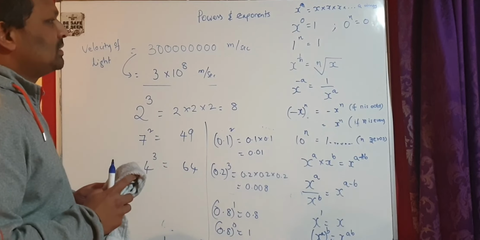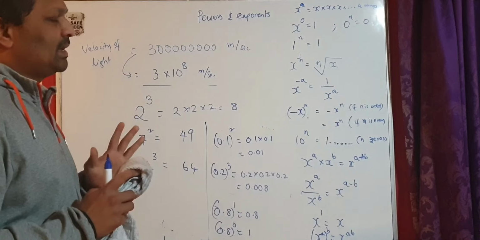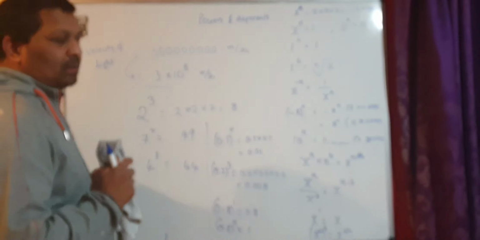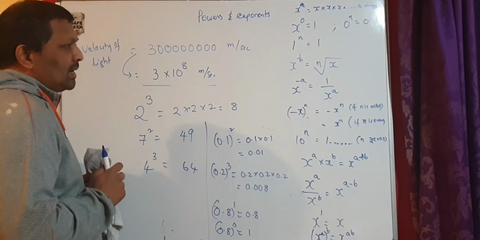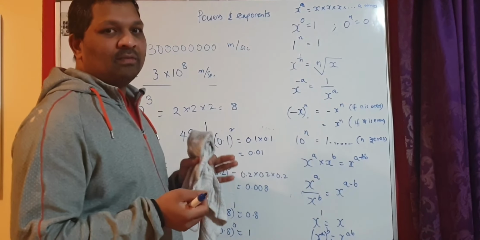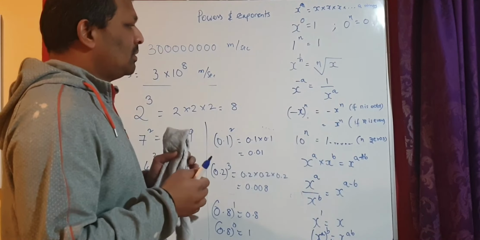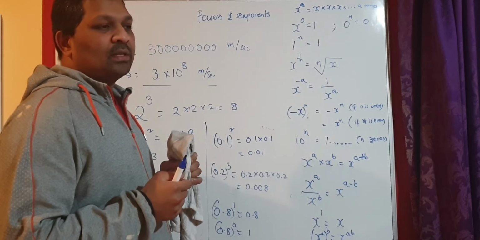In the next class we'll see how to compare the numbers that are given in indices form. That's one thing. And second thing is how to simplify. For example, if a combination of multiplications, divisions and additions is given, how do you simplify such numbers? That we'll talk about.